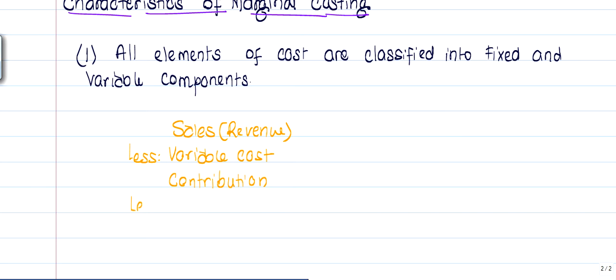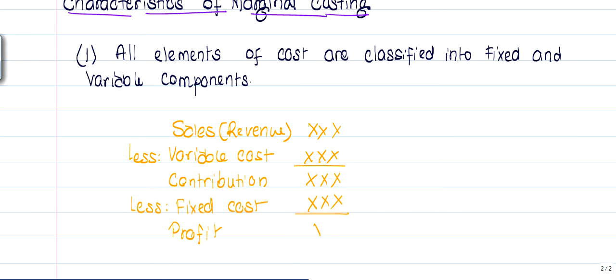From the contribution, if you deduct fixed cost, you will get profit. Bracket indicates a minus figure.